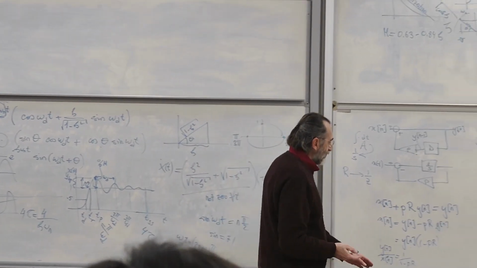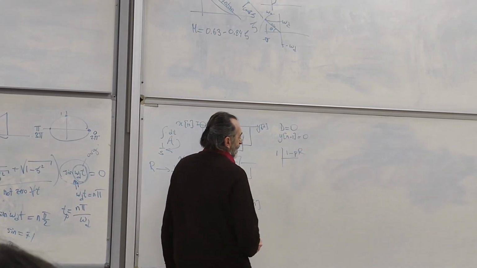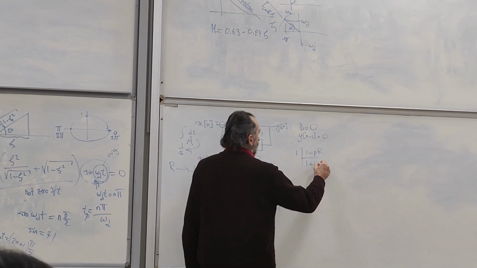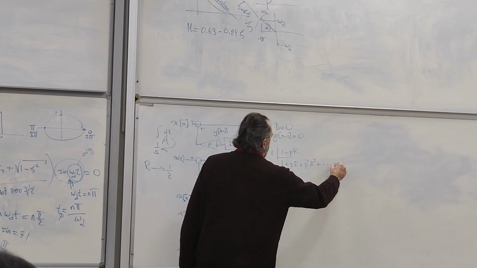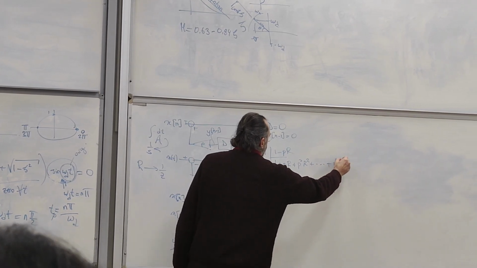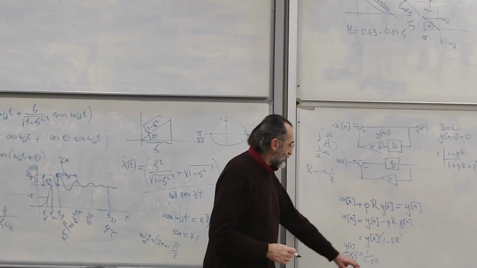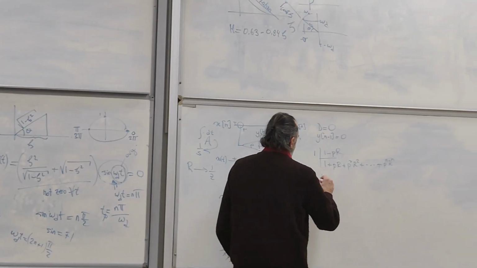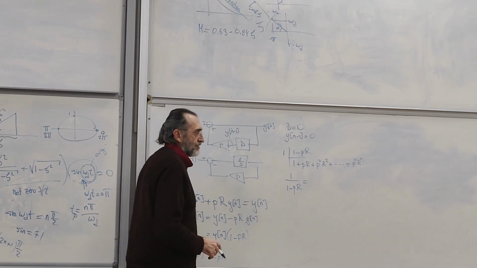Then I can do the synthetic division, and I get 1 plus pR plus p squared R squared plus, and so on, p to the n R to the n, all the way to infinity. So this thing, 1 over 1 minus pR, is equal to that.